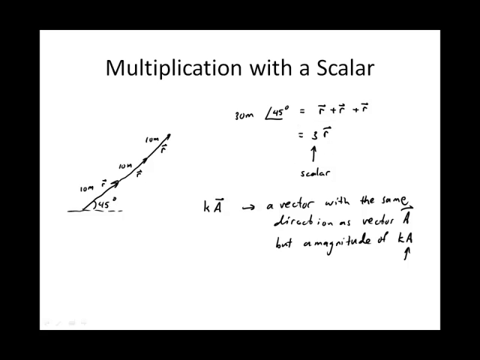Now that scalar quantity can be an irrational number, so I could have a vector Q and multiply it by pi, and that would be a vector in the same direction as Q, and 3.14 times the magnitude of Q. I can also have a scalar quantity of, say, negative 2 times z, where z is a vector.